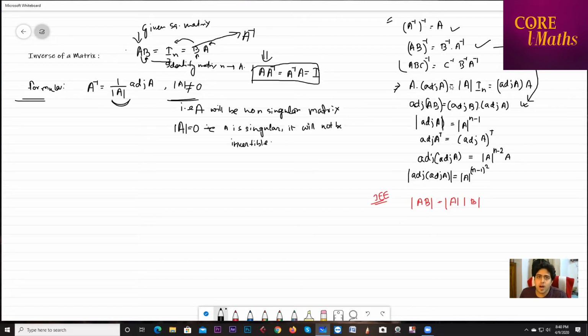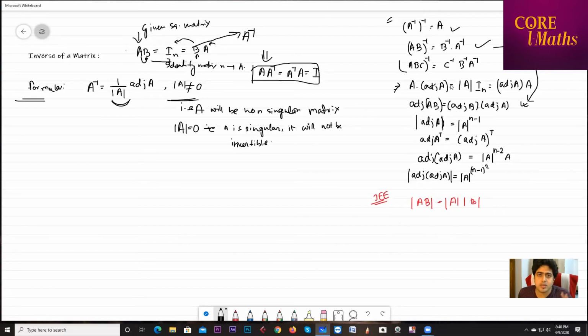Then without solving any adjoint value, any cofactor is not required. You can directly use the property and find the product of the given matrix A with its adjoint, A into adjoint A.